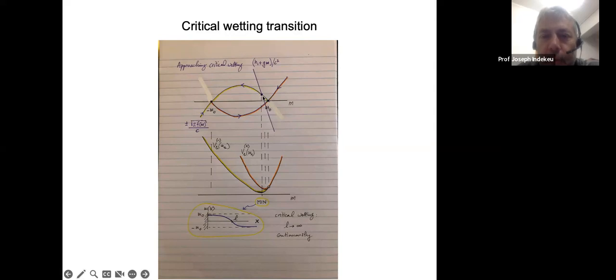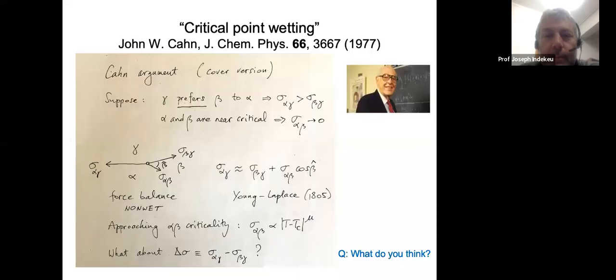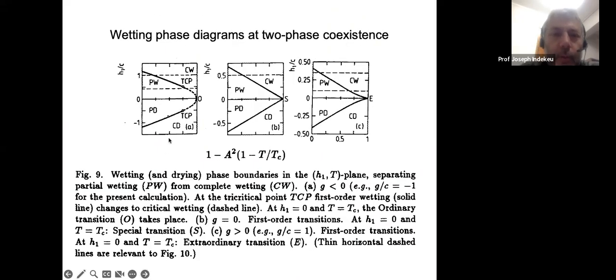And then this point will evolve towards this point here. So these 2 points will merge as we increase the temperature, and this will signify that we are at critical wetting. Okay, that the wetting layer thickness has diverged, and so this dashed line here is a line of critical wetting transitions. And it comes in with a square root singularity here near this point O, which signifies the ordinary surface transition. So O, S, and E are new concepts for us now.